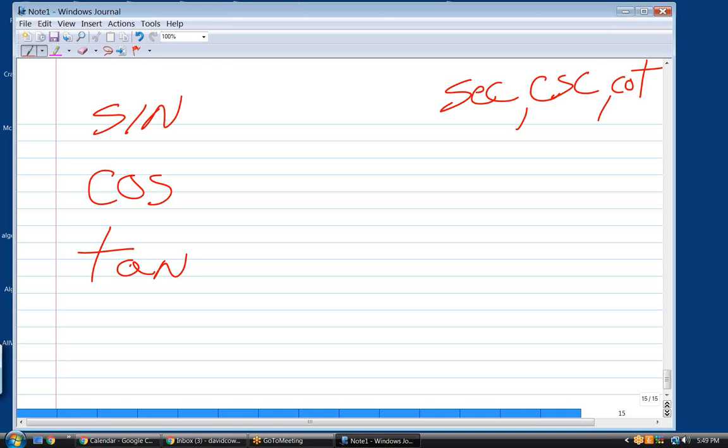Ah, you might have an Inspire then. The Inspire, when you push the button that says trig, gives you a choice of all 6 trig functions. But regardless, that's not going to really help you that much. What you need to remember is each of those 3 other functions are the reciprocal of each of these.